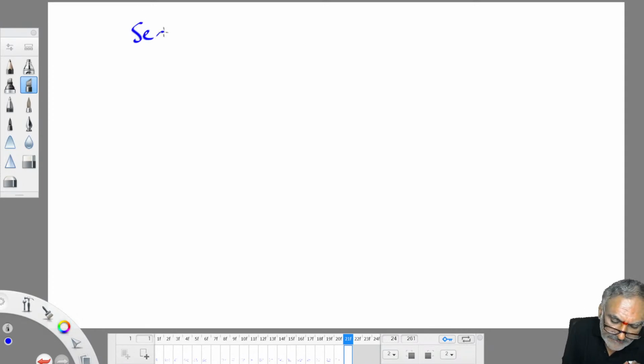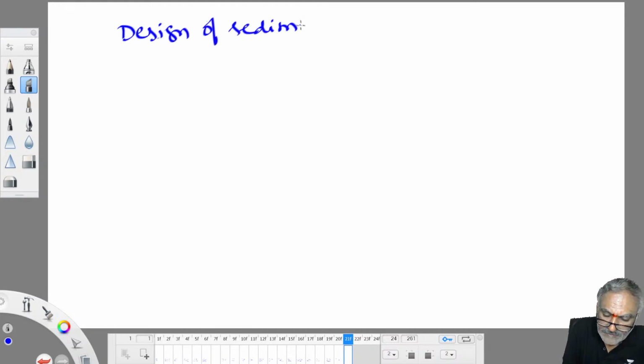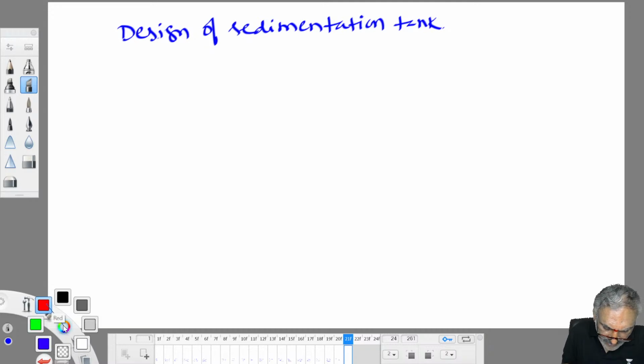Sedimentation tank. Sedimentation tank designed in the same fashion. Again, no need to discuss. Already we discussed this earlier.